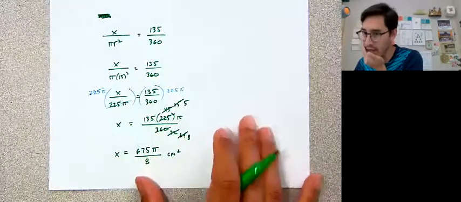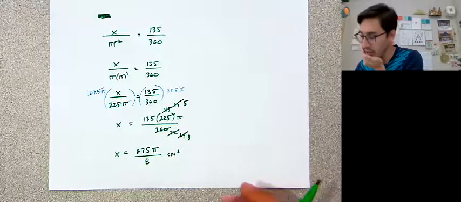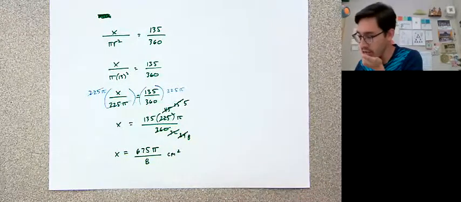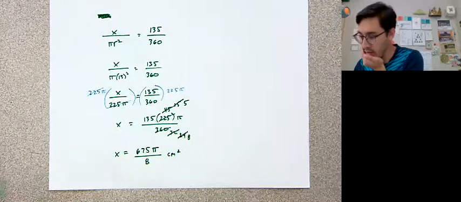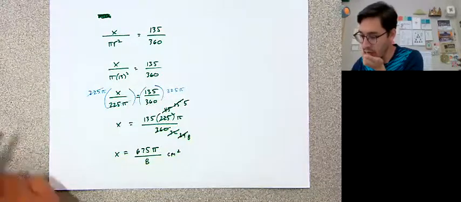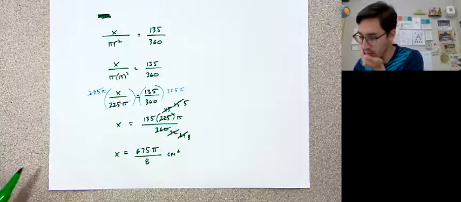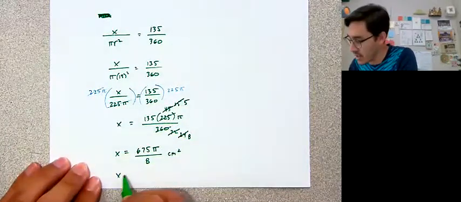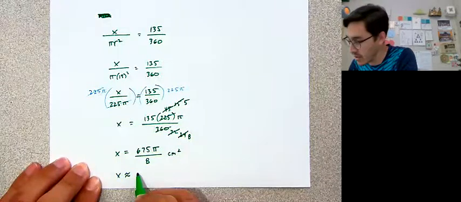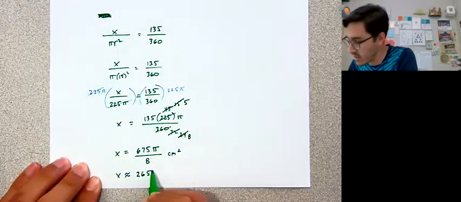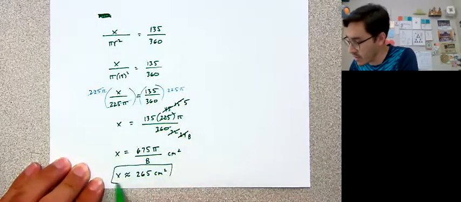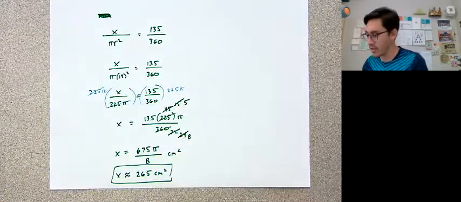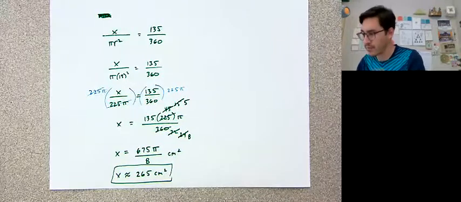And then if you just want to get it to a decimal value, use your calculator now. So 675 times approximately 3.14 divided by 8. So we get x is approximately 265 centimeters squared. Okay, so I was doing all the calculations off screen on my calculator.